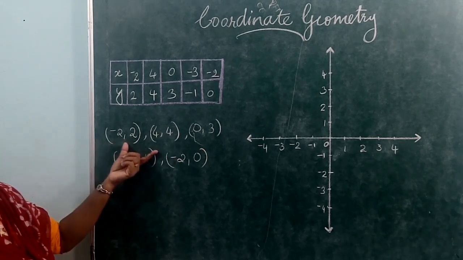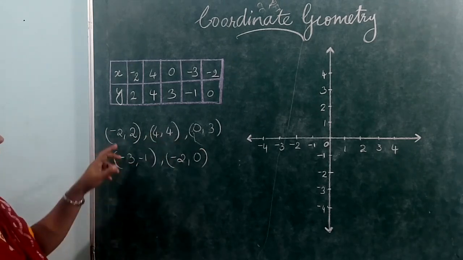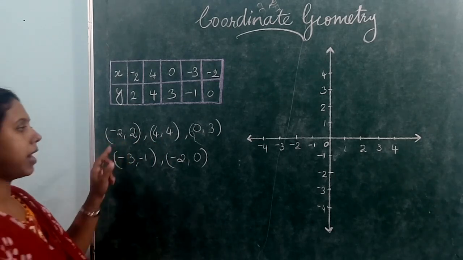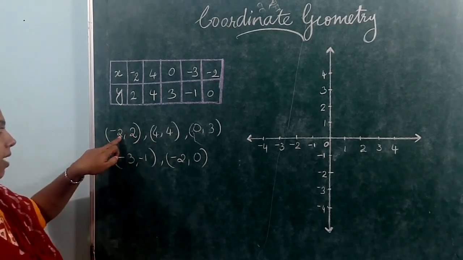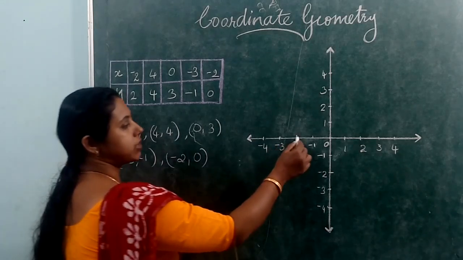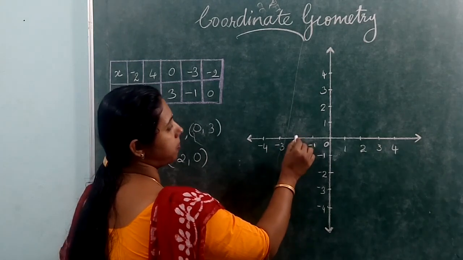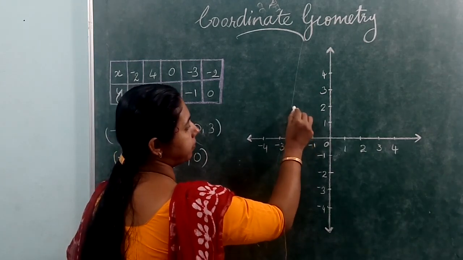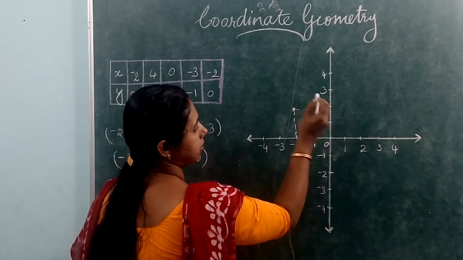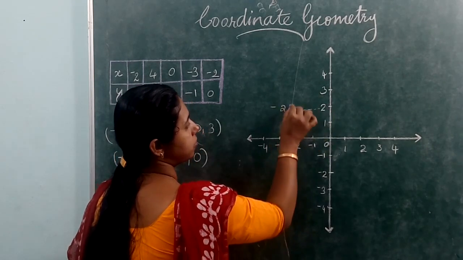We can plot these points in the plane. The first point is (-2, 2). The x coordinate is -2, the y coordinate is positive 2. So the point will be here. This is (-2, 2).